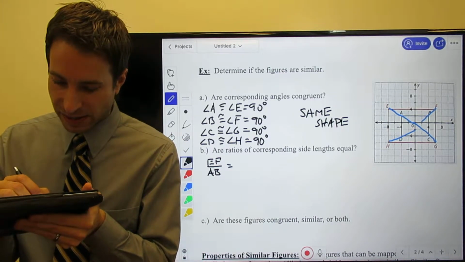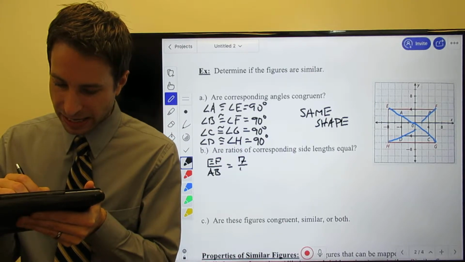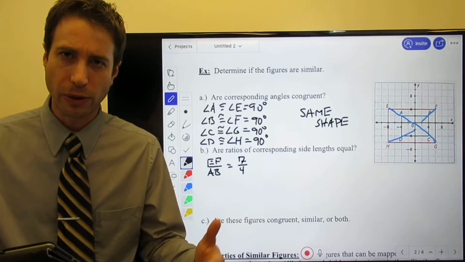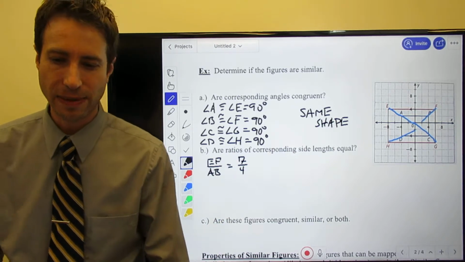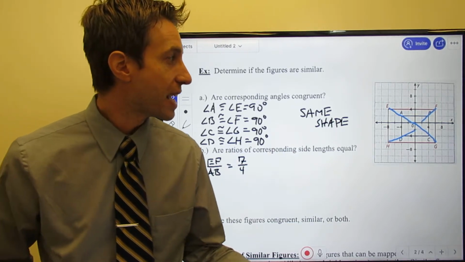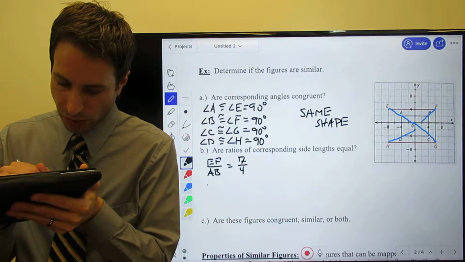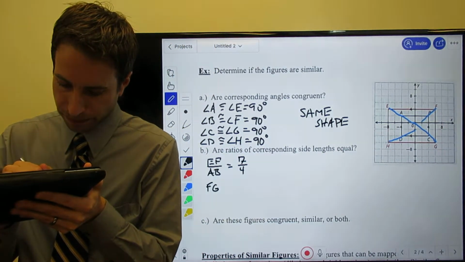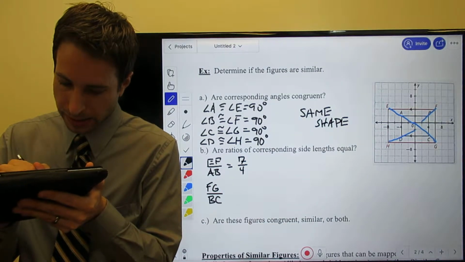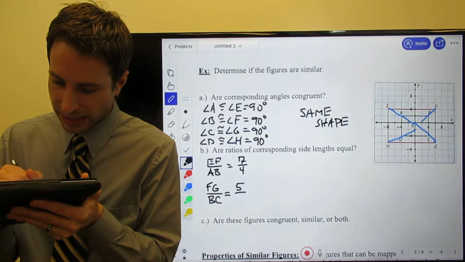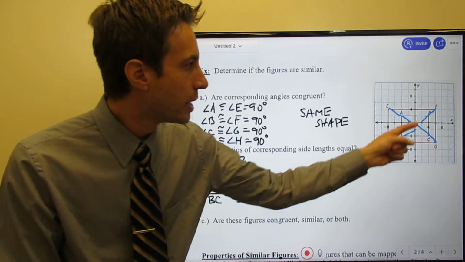EF is 7, AB is 4, and there's no real way to reduce 7/4 without giving yourself a decimal, so I'll just leave it as 7/4. The next one would be FG and BC. FG is 5, BC is 3.